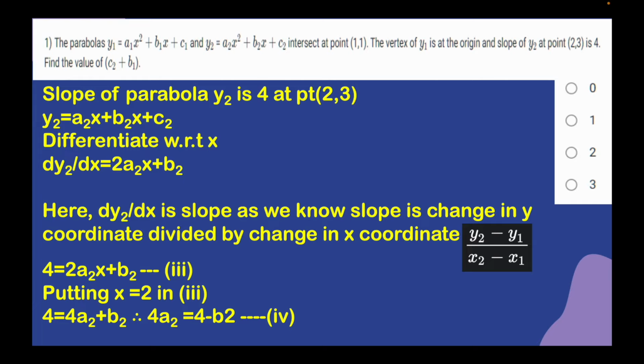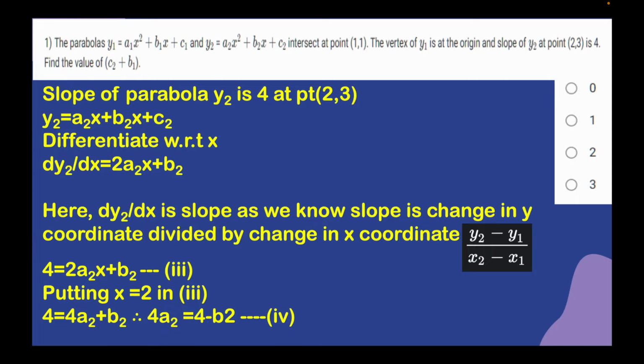We know that slope is the change in y coordinate divided by the change in x coordinate, and we use dy by dx to signify a small change, so dy2 by dx is the slope here. The given slope is 4, so 4 equals 2a2x plus b2. Putting x equals 2, because this parabola passes through (2, 3), we get 4 equals 4a2 plus b2.